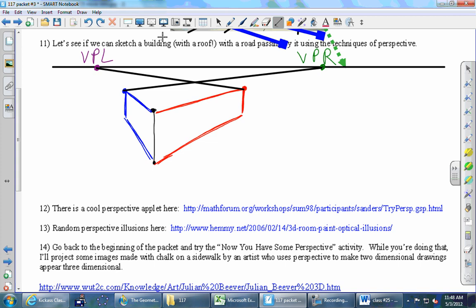And where they intersect is the end of the building. So put a dot there. Where these 2 guys intersect. And everything that's past that point doesn't exist. Erase it. Hide the evidence.